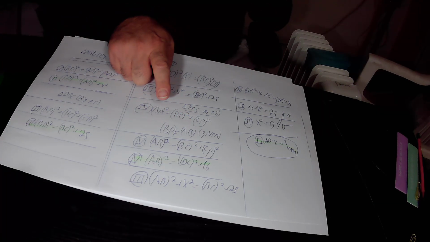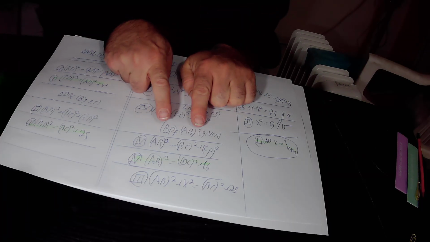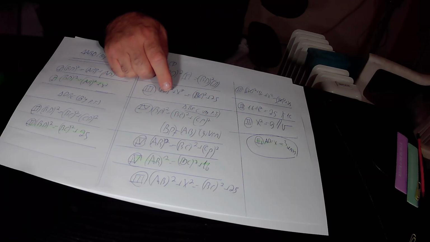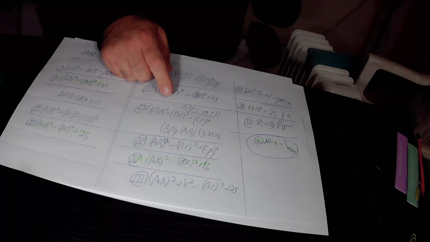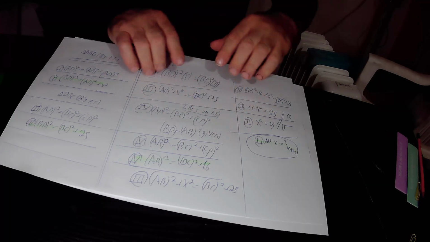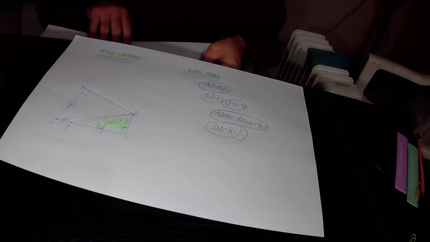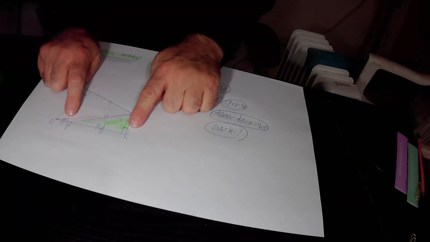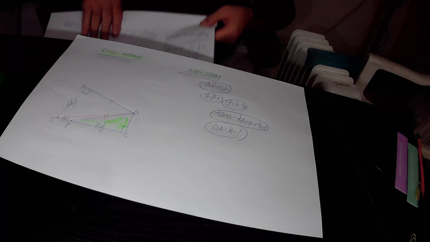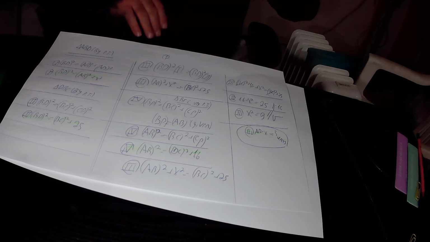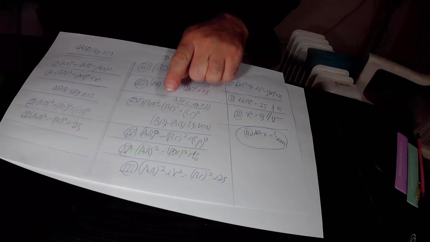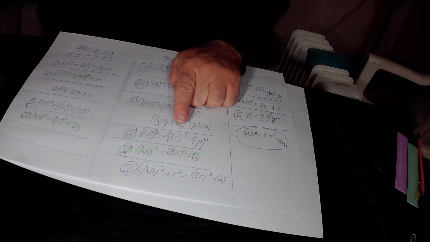So in total, according to equation 4, AB squared equals BC squared plus CP squared. But CP equals 4, therefore CP squared is 4 squared, which is 16. So according to equation 4, AB squared equals BC squared plus 16.